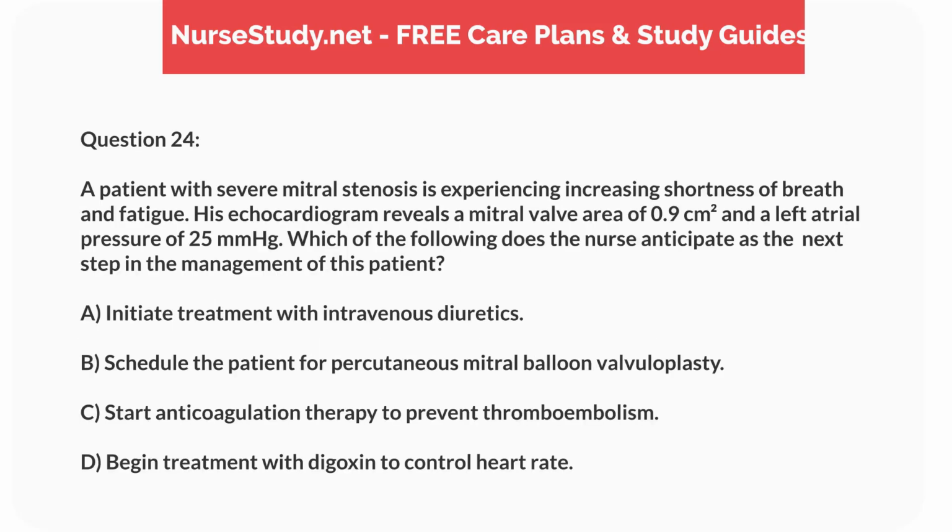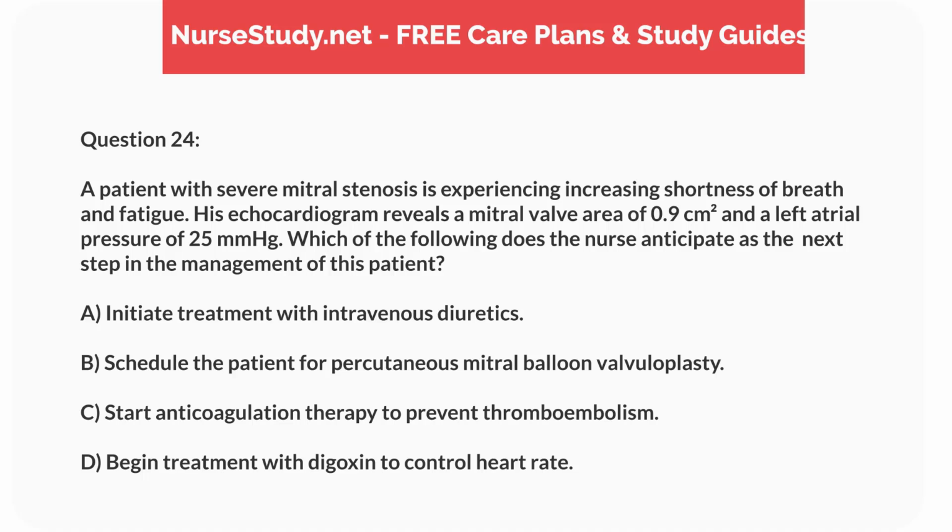Question 24. A patient with severe mitral stenosis is experiencing increasing shortness of breath and fatigue. His echocardiogram reveals a mitral valve area of 0.9 square centimeters and a left atrial pressure of 25 mm of mercury. Which of the following does the nurse anticipate as the next step in the management of this patient?